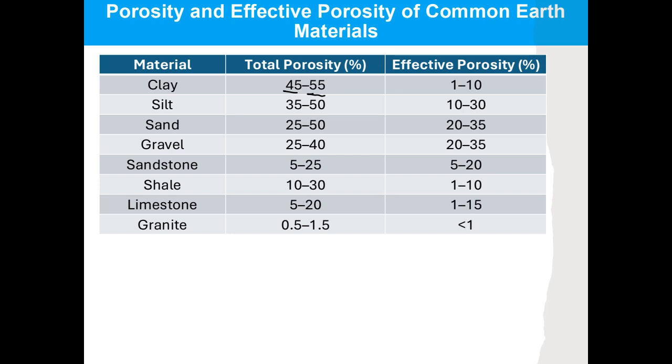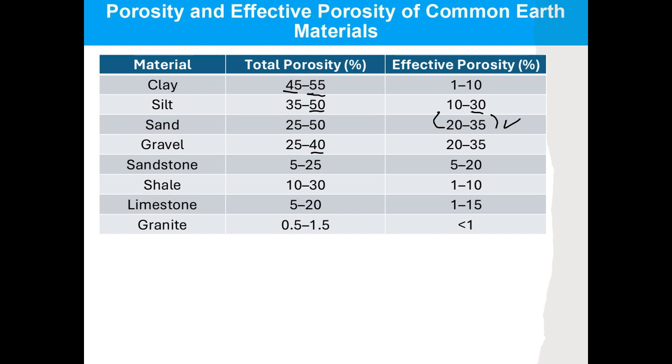Silt up to 50, but the effective one is up to 30 only. Sand has 25 to 50 total porosity. The effective one is up to 35, which is good. Gravel has up to 40 porosity total, but we have 20-35 effective porosity. Then sandstone and so on and so on.